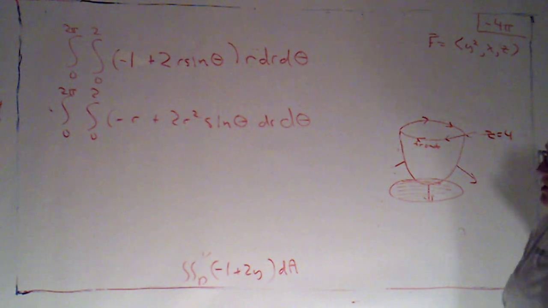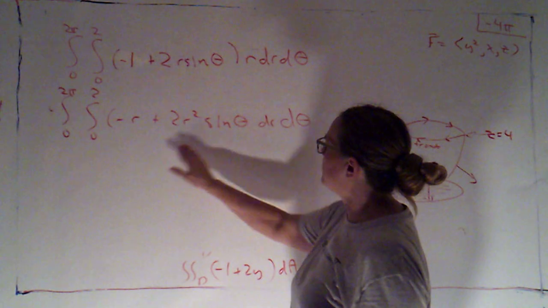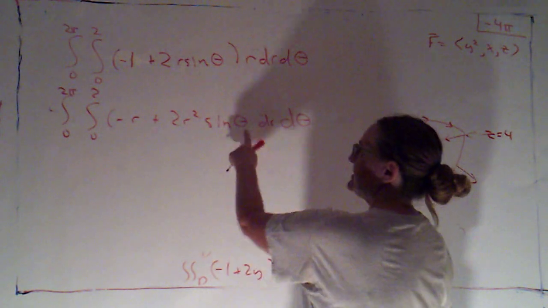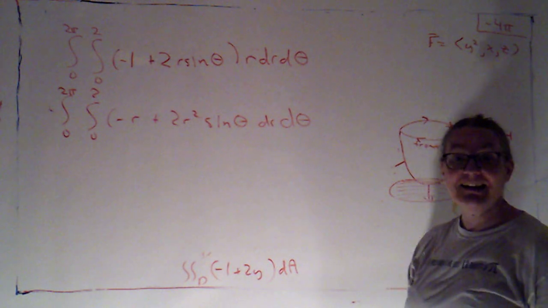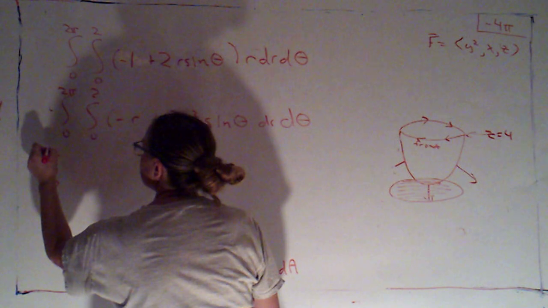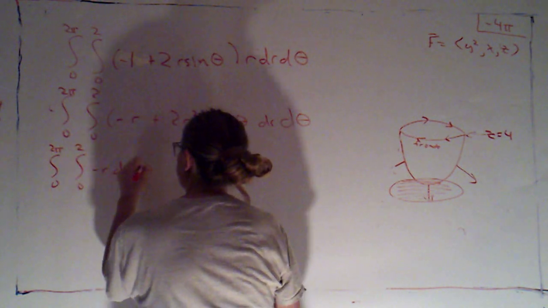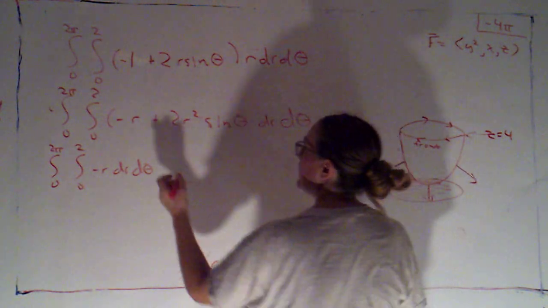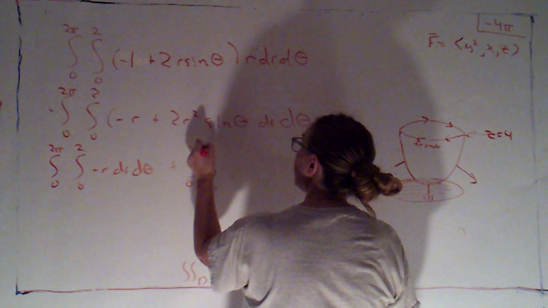I think what I'm going to do is split this up into two integrals, simply because I can see here I'm going to be integrating sine theta from 0 to 2 pi, and that's going to be 0. It's going to drop out. So let me just write it as 0 to 2 pi, 0 to 2, negative r dr d theta. That I've still got to do. Okay. Plus integral 0 to 2, 0 to 2 pi.